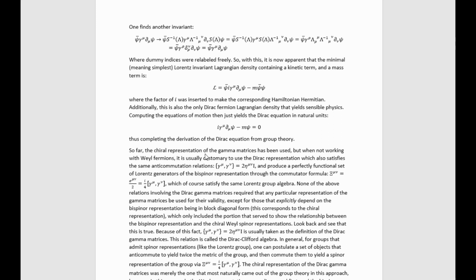So far, the chiral representation of the gamma matrices has been used, but when not working with Weyl fermions, it is usually customary to use the Dirac representation, which also satisfies the same anti-commutation relations, and produces a perfectly functional set of Lorentz generators for the bispinor representation through the commutator formula given above, and re-expressed here, where these generators of course satisfy the Lorentz group algebra when you use a different representation of the gamma matrices as well, so long as they satisfy this key relation.